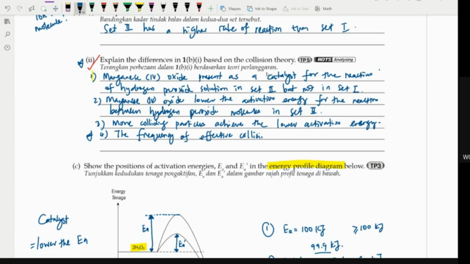Effective collisions between hydrogen peroxide molecules in set 2 is higher than set 1. So now the particles are the hydrogen peroxide molecules.